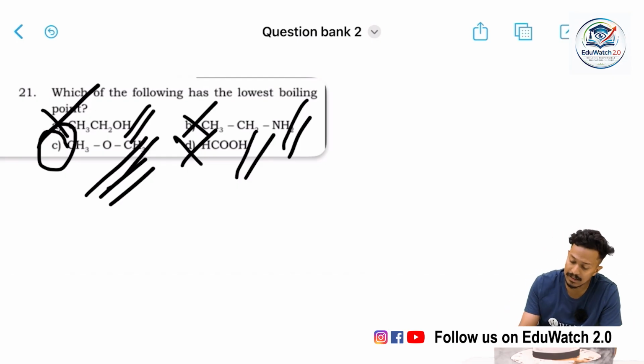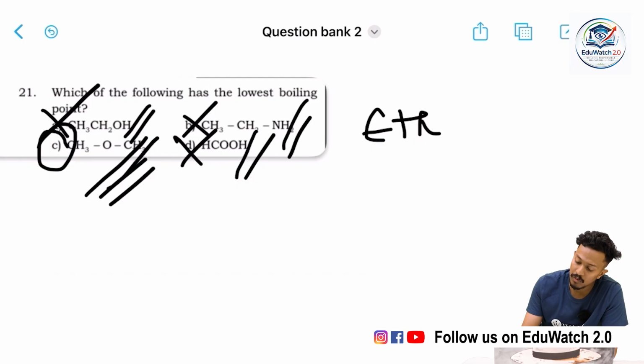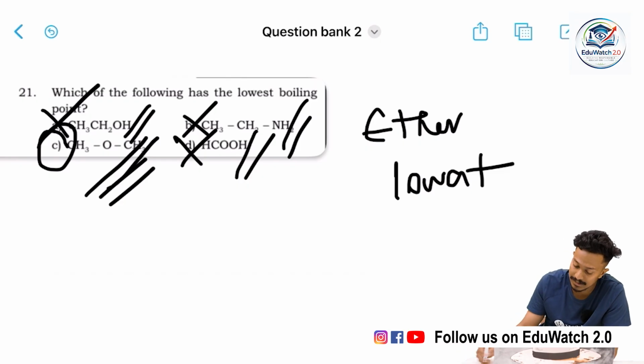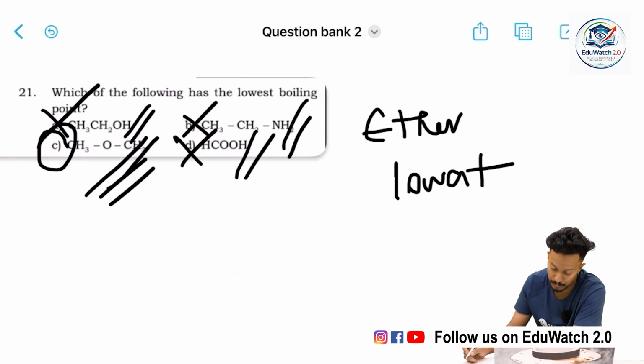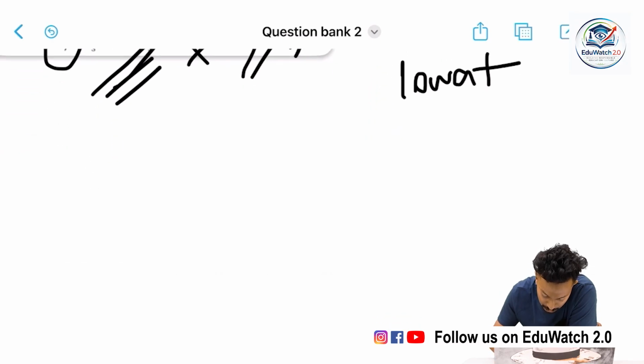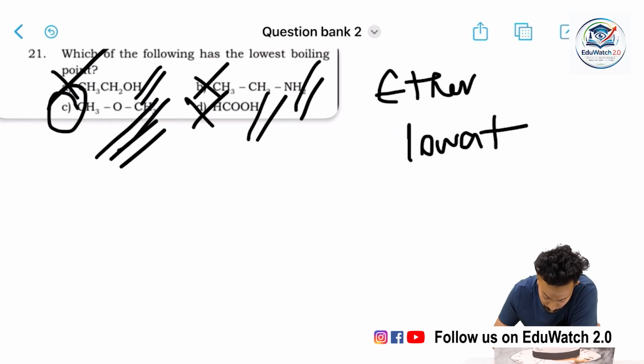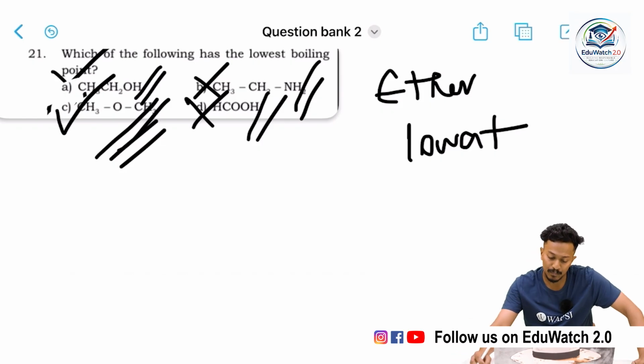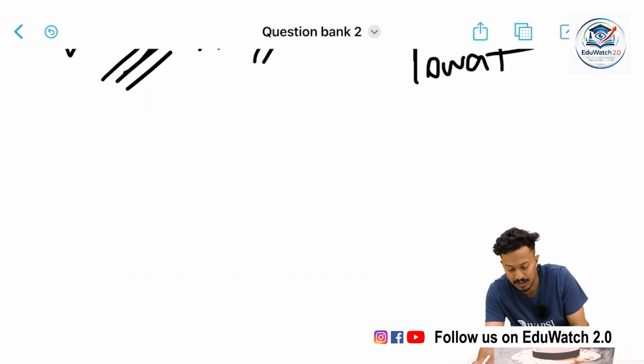So this ether has the lowest boiling point. Due to the absence of hydrogen bonding, it could be easily broken down. So ether has the lowest boiling point. So the correct option for this question would be option C, which is an ether. Okay, moving on to our next question here.